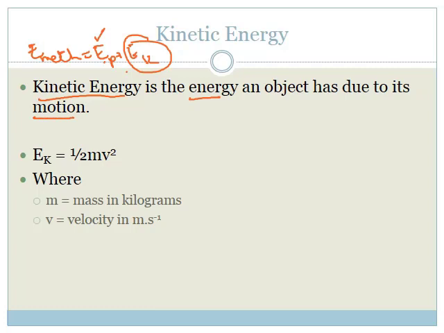Kinetic means moving or motion or of movement. So that's why we say that kinetic energy is the energy of an object due to its motion. And as we know, EK is equal to half mv squared. Half times mass times velocity squared, where m is mass in kilograms and v is velocity in meters per second. Guys, it's very important that you get your units right.